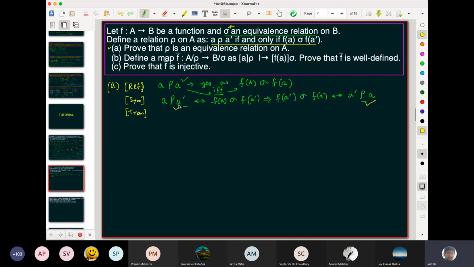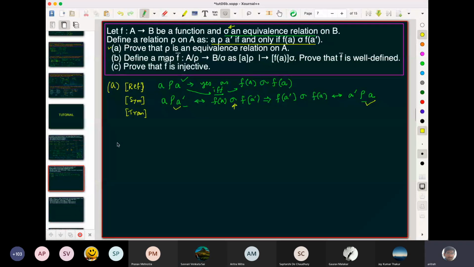Now A rho A dash, if and only if Fa sigma Fa dash, given by the relation definition. Now since sigma is a symmetric relation because it's an equivalence, the symmetry property should hold. So Fa sigma Fa dash will imply Fa dash sigma Fa. Now this if and only if this, because it is the definition of the rho relation. So from here I get an implication to here. Clear?